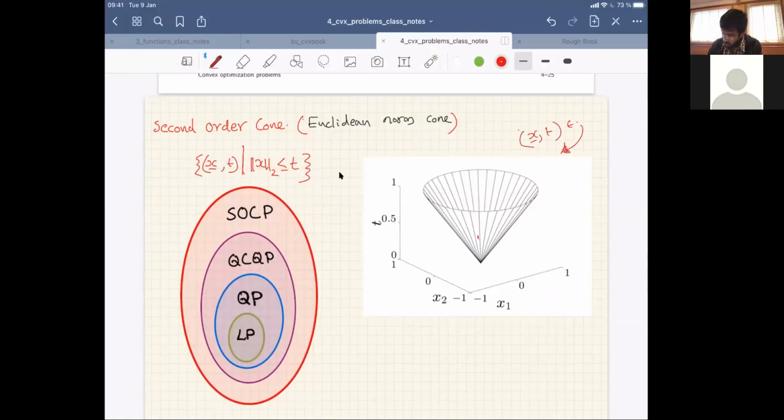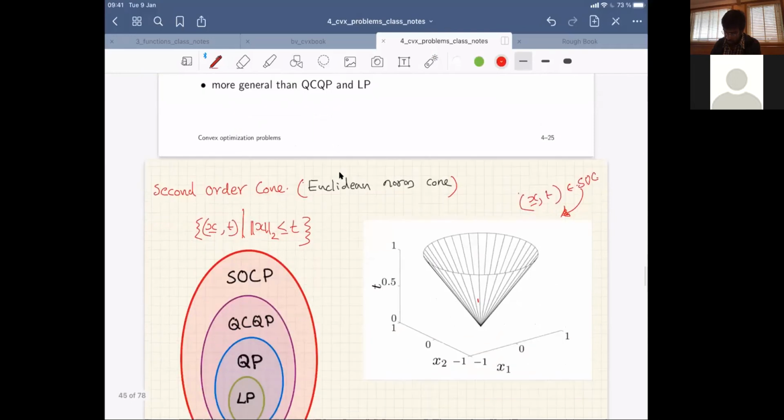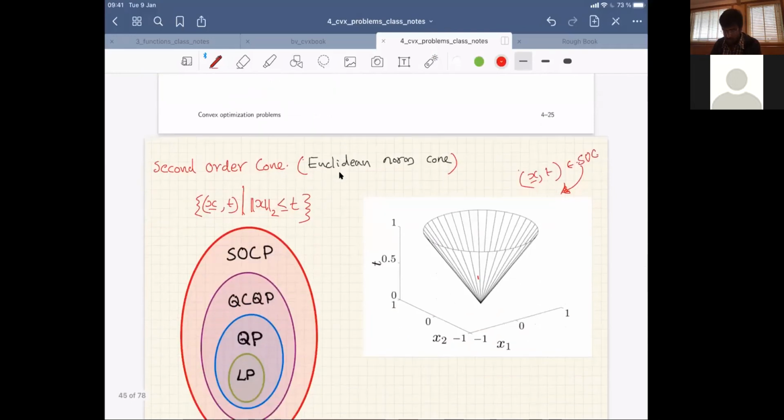I will denote this as the second order cone, the pair (x, t) belongs to the second order cone. So what is the dimension of this cone variable? x has dimension R^n, right? And t is a scalar, so it has dimension 1, right? So the total dimension will be R^(n+1).